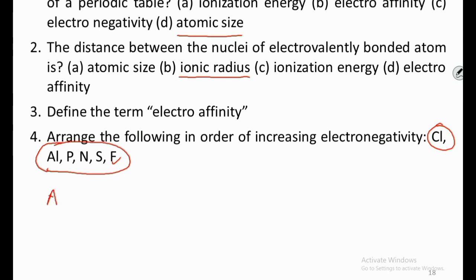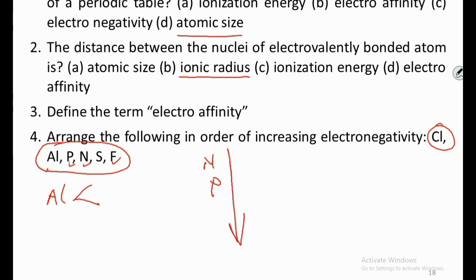Aluminium is less electronegative than the others, so we have the next, this against this. Phosphorus and nitrogen are in the same group, where nitrogen is the first element and phosphorus is the next element under nitrogen. And we said electronegativity does what down the group?